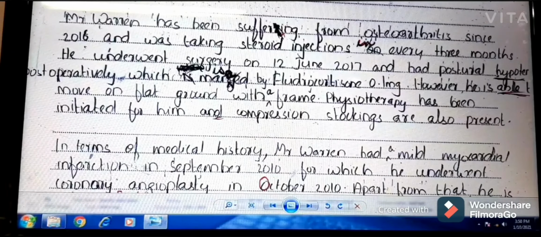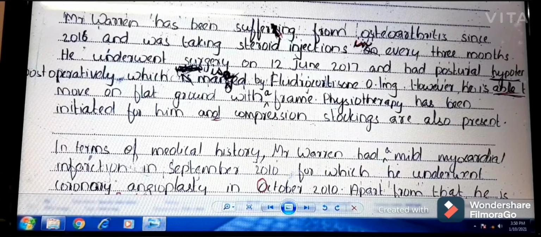Next sentence. He underwent surgery on 12th June 2017 and had postural hypotension post-operatively, which is managed by fludrocortisone 0.1 mg. Something she wrote that's not perfectly written.